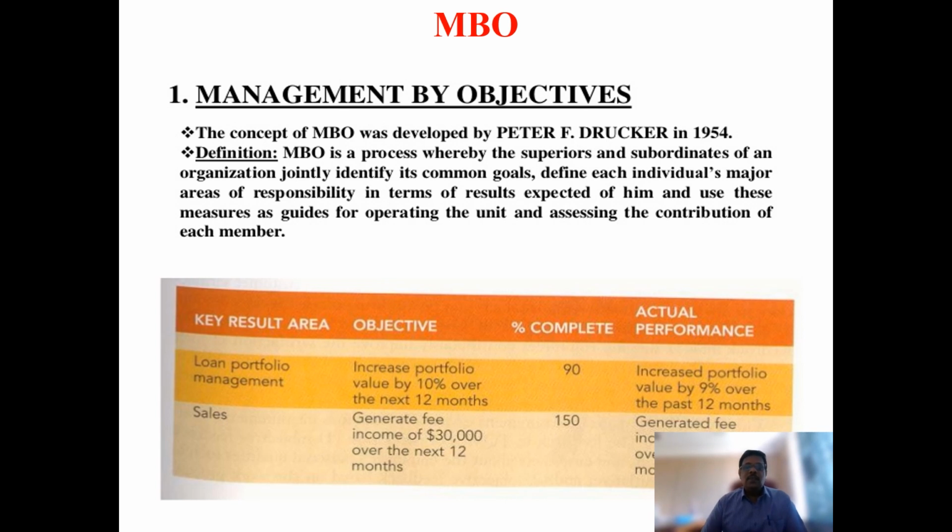So Drucker defined the goals of the organization, the departments, and the individuals, by which the company can reach its goals and make operating plans.